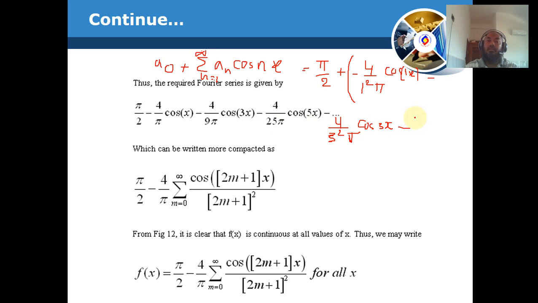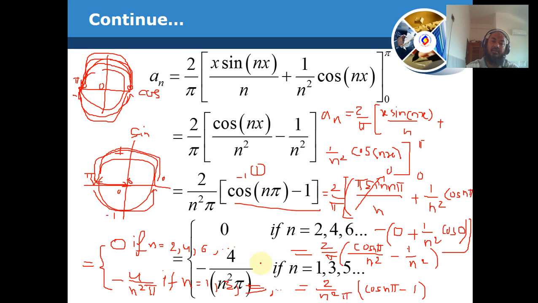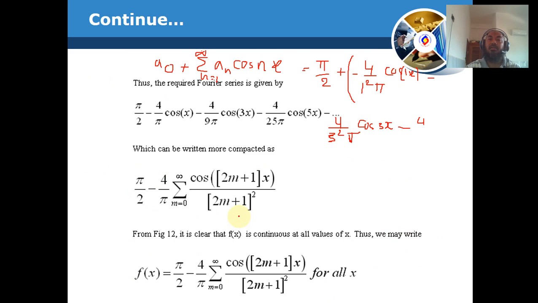Minus 4 again, so this is 1, 3, 5, because you have to remember we have only 1, 3, 5, since for 2, 4, 6 the term is 0, so there is no need to write it. So this is 5 square pi, cos 5x, etc.